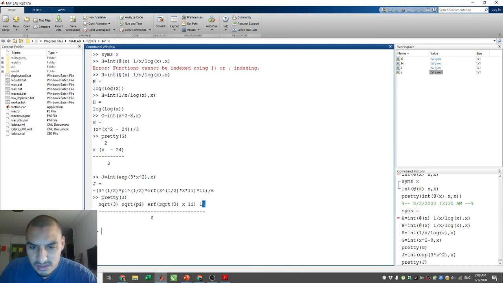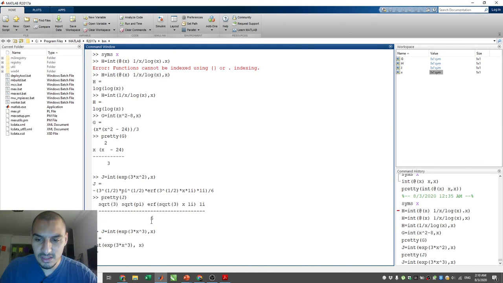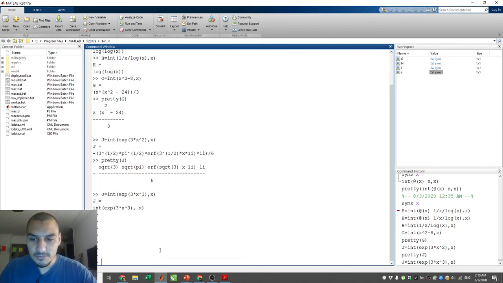And there is an i here, which I think is the square root of -1, if I understand right. This is what you will get from the integration of exponential of 3x squared.